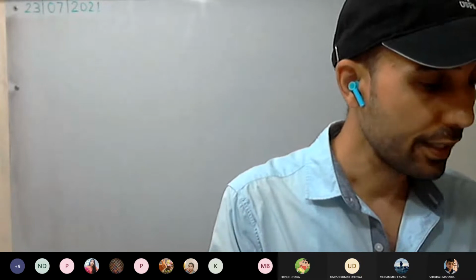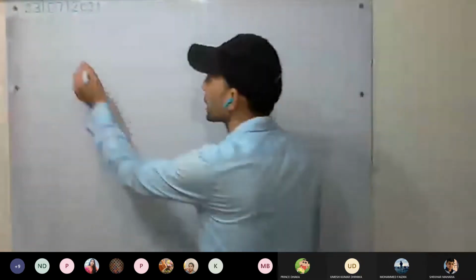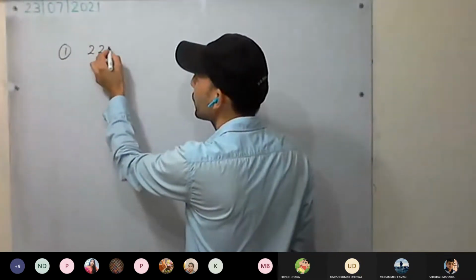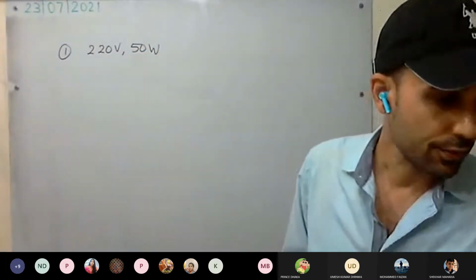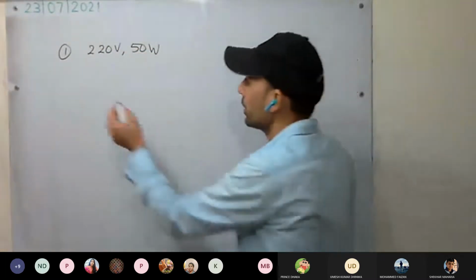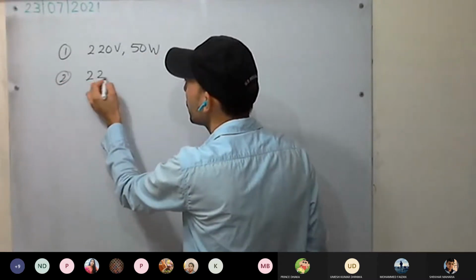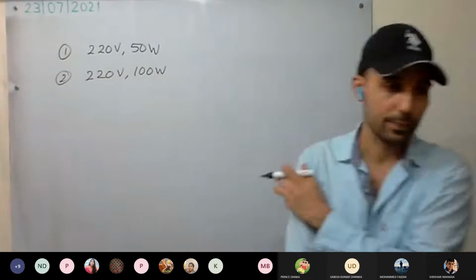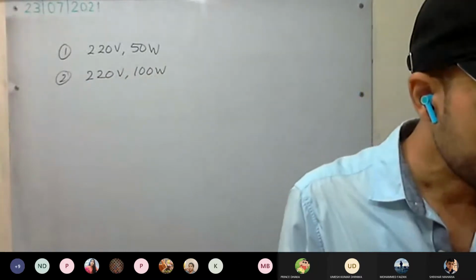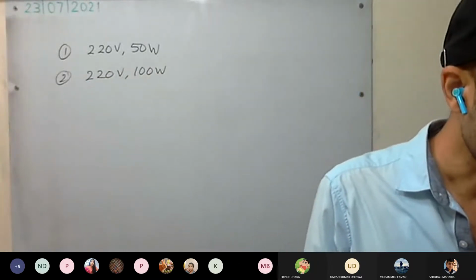Two lamps. So we are having two lamps. First lamp is rated 220 volt, 50 watt, I think. And the second lamp is rated 220 volt, 100 watt. They are connected in series with a mains of voltage.